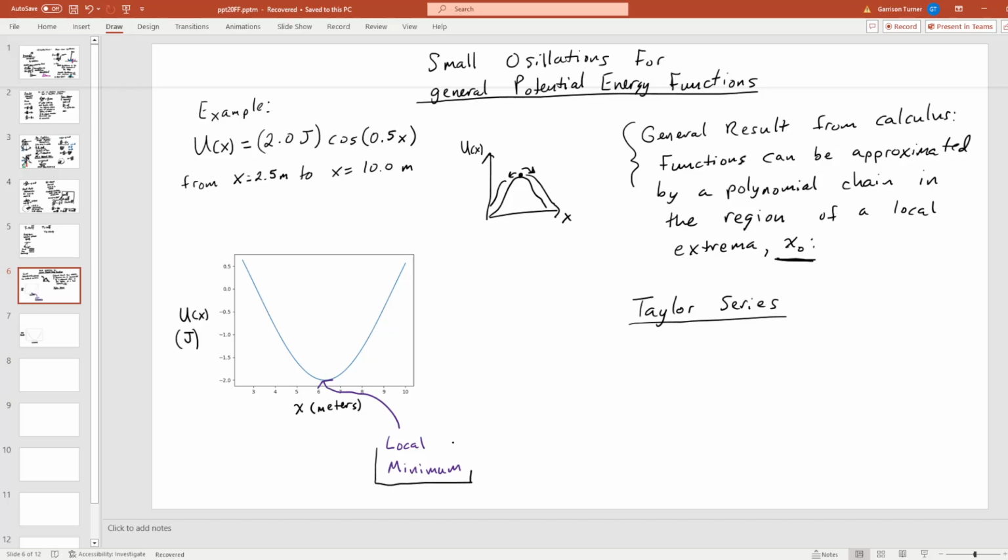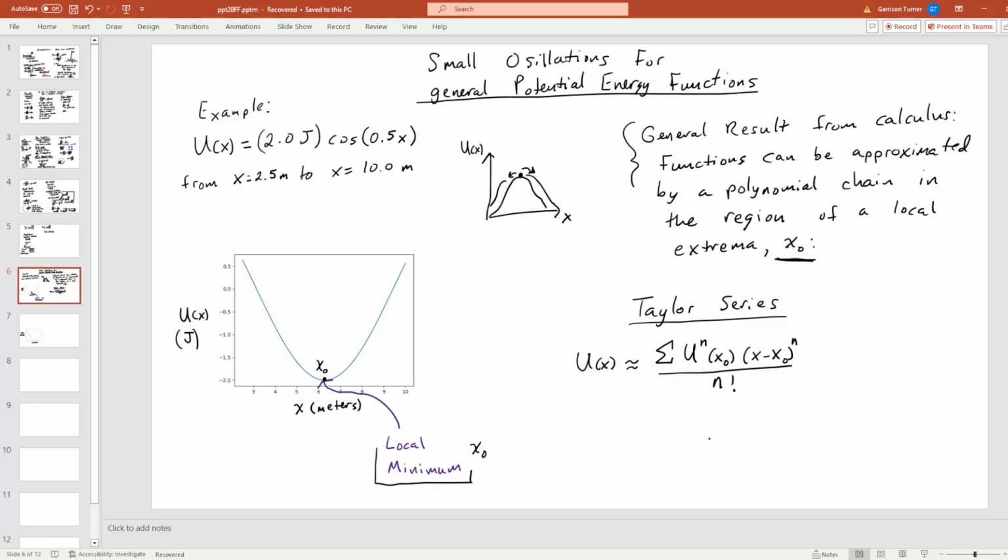If this local minimum is designated as x naught, this point right here, then your Taylor series says, in the region surrounding that point, I can approximate my function, in this case our potential energy function, by the sum of my function written like this.